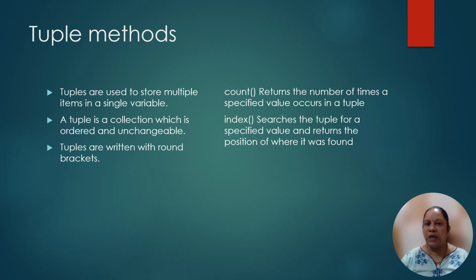So what does count do? It returns the number of times a specified value occurs in a tuple. So if I have got a tuple in which I have stored 1, 2, 1, 2, 3, and I want to count how many times 3 is present inside the tuple, I will say t dot count 3.